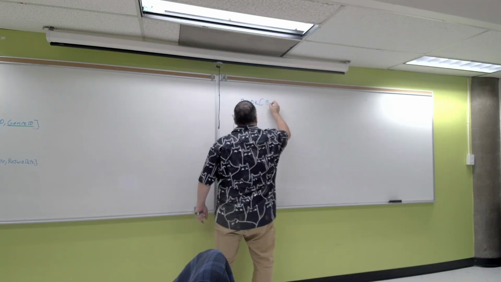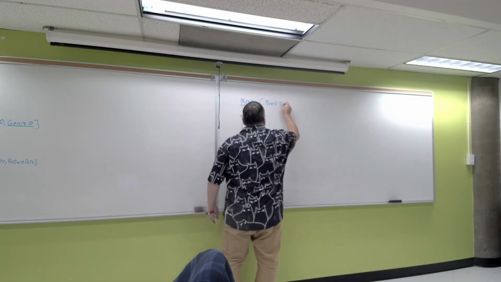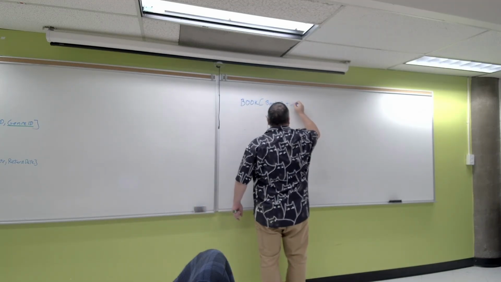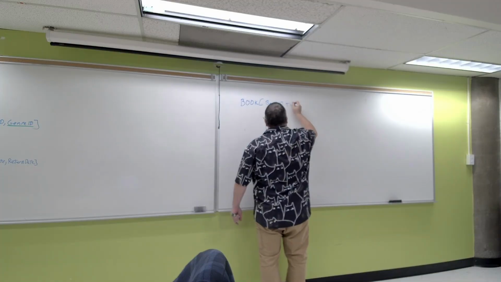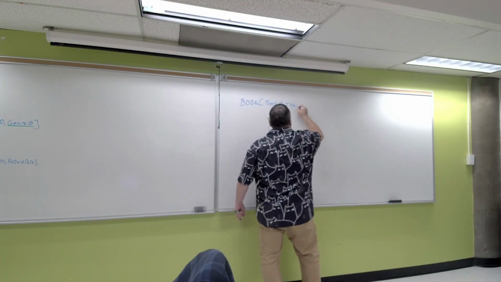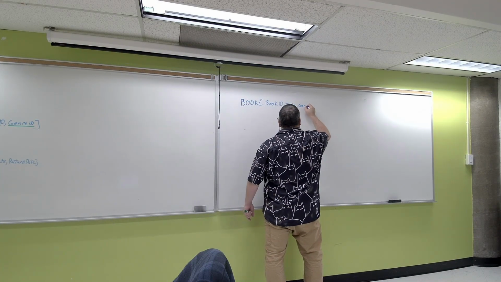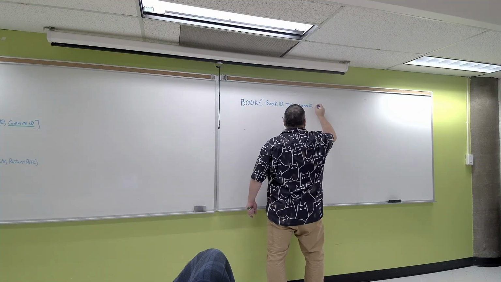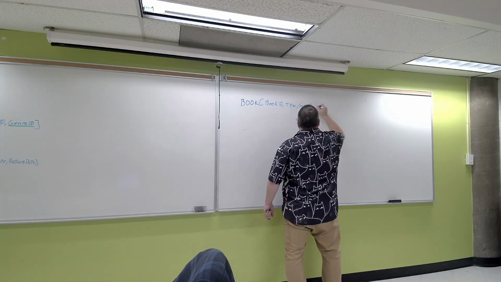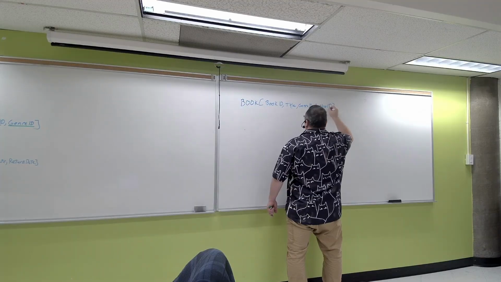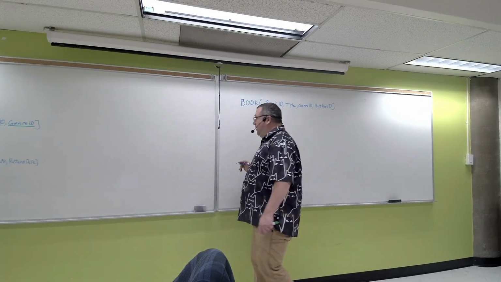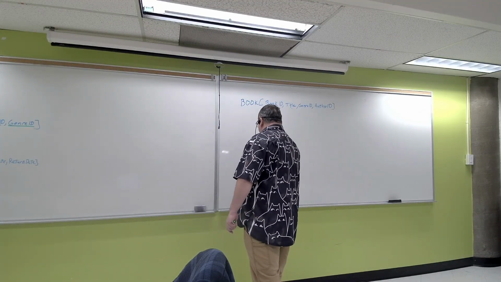So we got book ID, title, genre ID, and author ID. And I know I have them in the wrong order, really doesn't make a difference. Like this. All right, and then we have our lend down here.